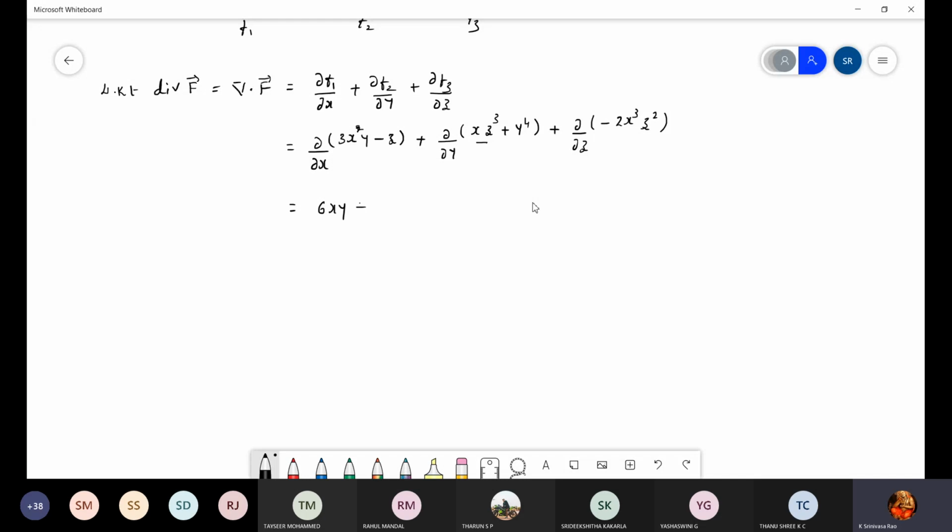With respect to z, keep 2x cube as it is, and z square differentiates to 2z, so plus into minus gives minus 4x cube z. This is del dot f. Divergent is always a scalar only. This is nothing but phi.